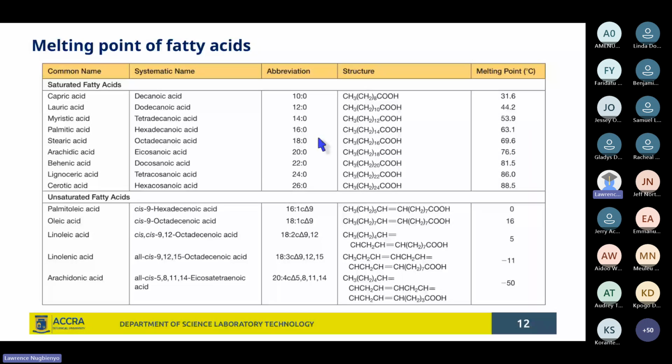But of course, logically, why is that? When you have the number of carbons increasing, it means the size of the molecule is increasing, which means that more energy will be required to break down a bigger molecule than a smaller molecule.